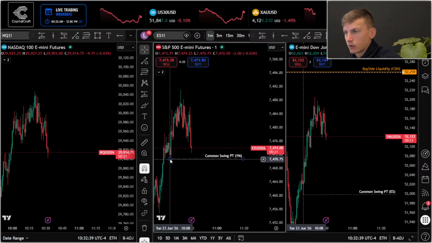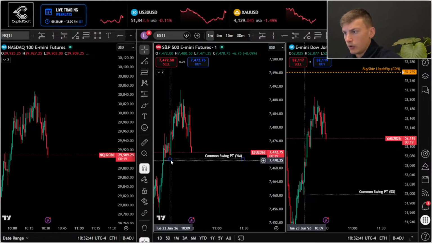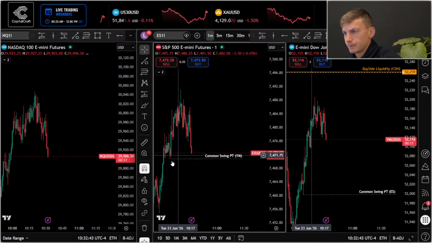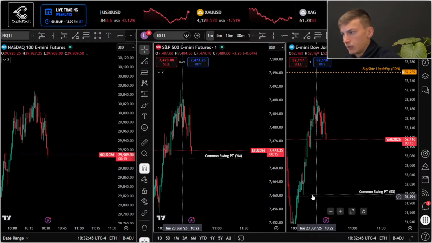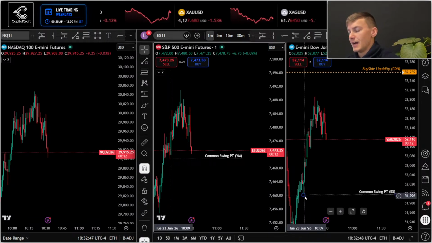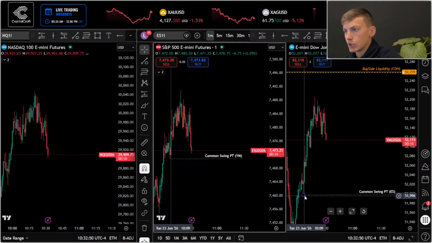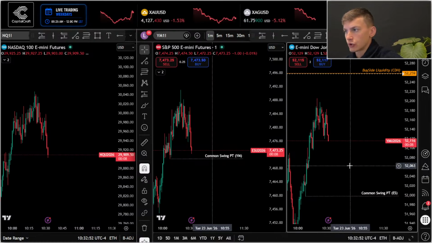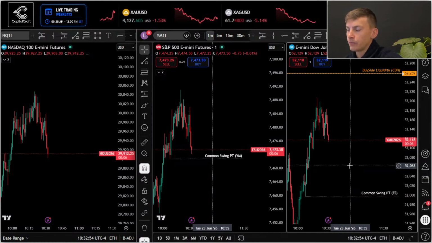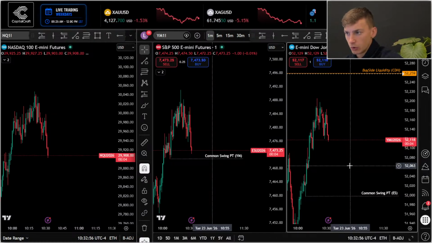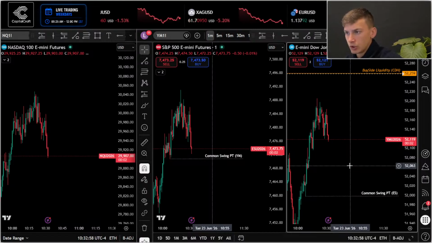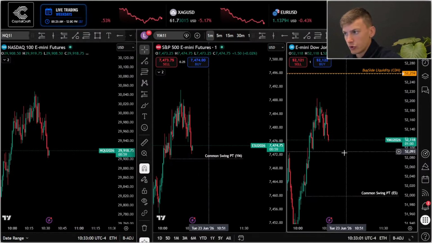You can clearly see how close we are to that specific low over there, whereas the Dow is all the way down here. So there's a clear correlation here, where the Dow is showing extreme strength, the S&P showing somewhat weakness, just for the small little 1 minute retracement, alright?